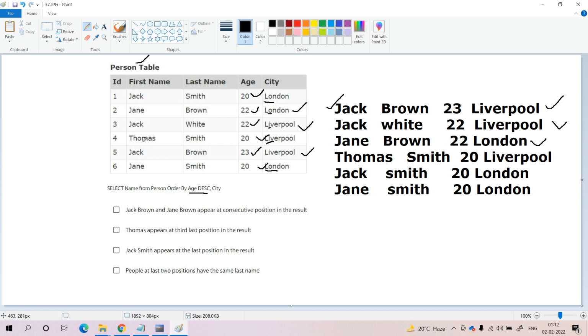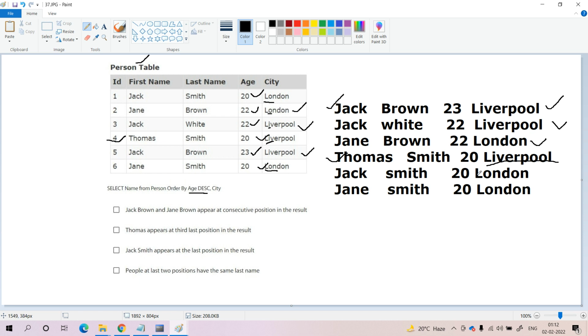That's why, out of all the records, we take Thomas Smith, 20, Liverpool as the fourth record. Why? Because all the ages are the same, but as per the chronological order of the cities, Liverpool will come first, and after that we will get London and London.